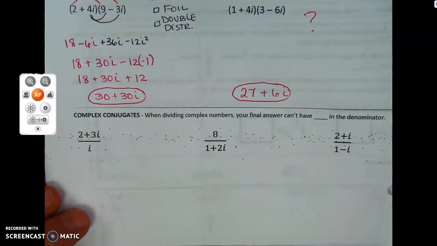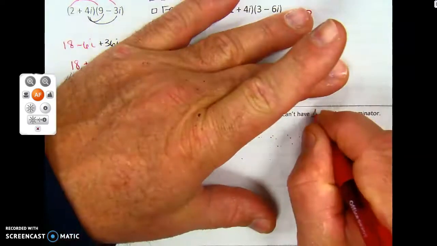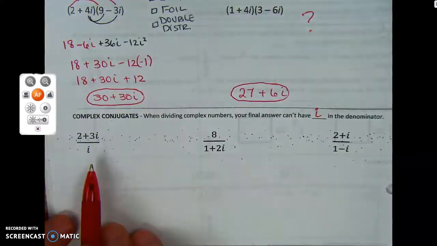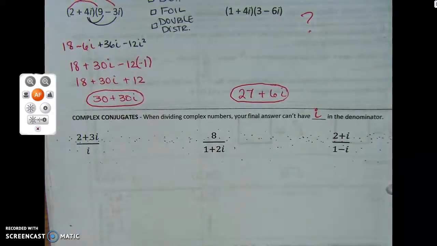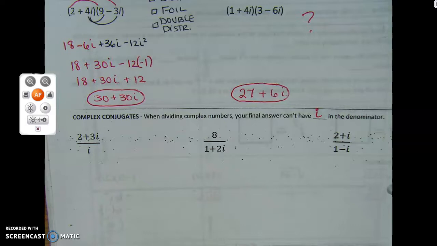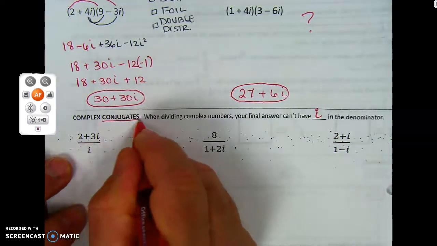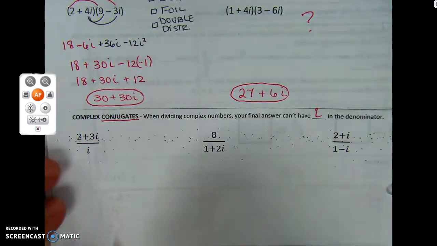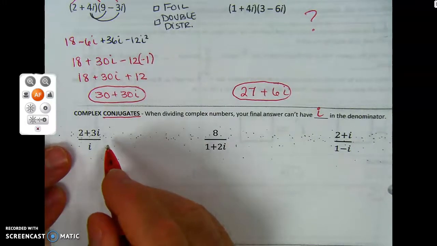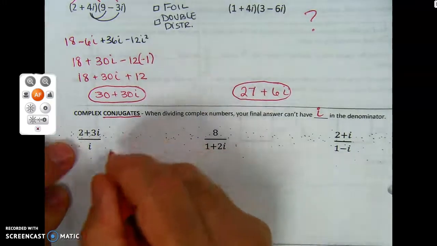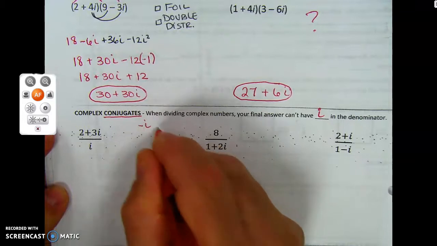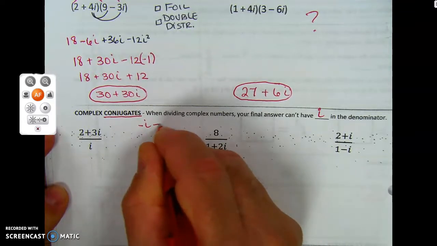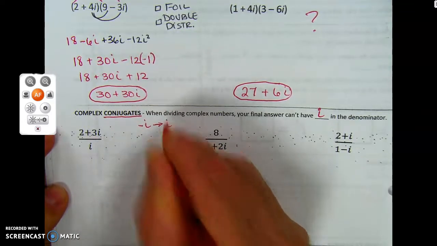Guys, when you're dividing, your final answer cannot have i in the denominator. So we have to understand what a conjugate is. Now, the conjugate of i is just negative i. So negative i is the conjugate of i.